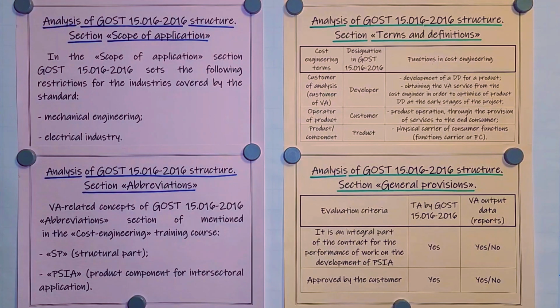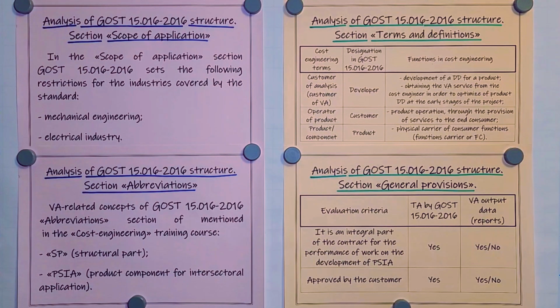Subsection 5.2 of GOST 15016 states that the technical assignment is approved by the customer. The value analysis also applies a similar approach to the coordination of structural and functional models after their formation in the first approximation.